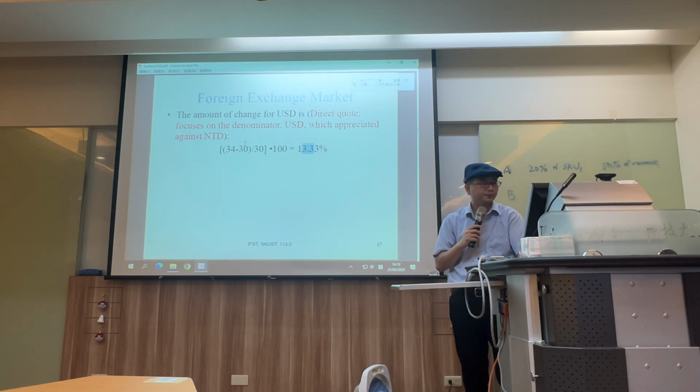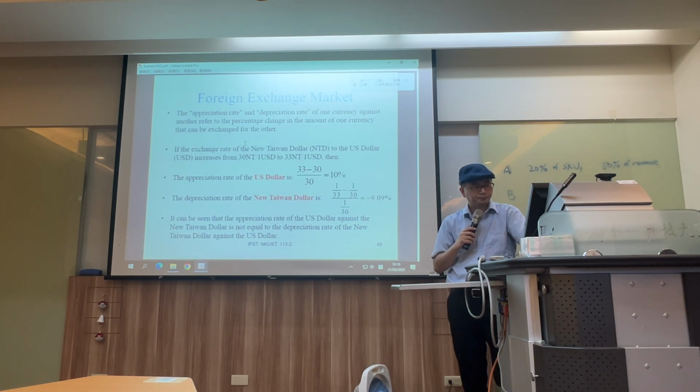Good. All right. And then, as we mentioned earlier, despite there being two different approaches to calculate the US dollar impact or the New Taiwan dollar impact, the difference between those two is quite small. So if you are a small investor, or you just want to go to the neighboring countries for travel, the difference will not impact you a lot.